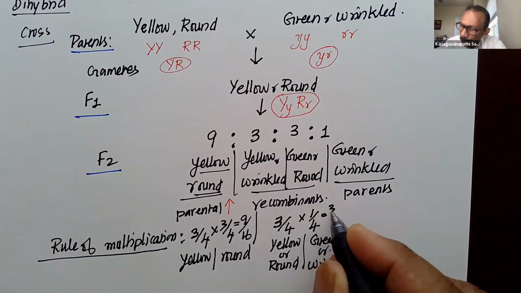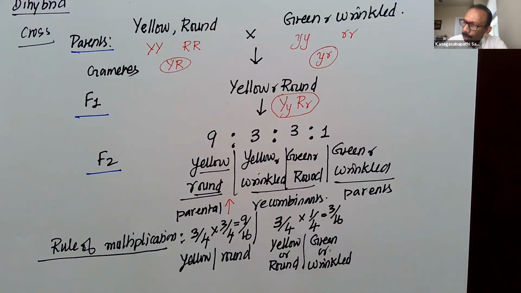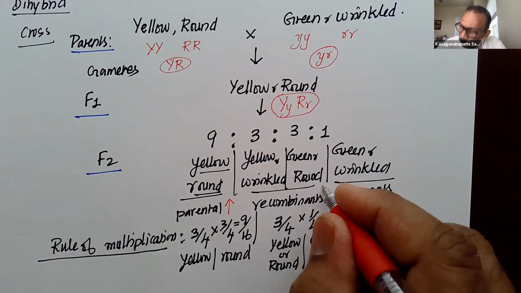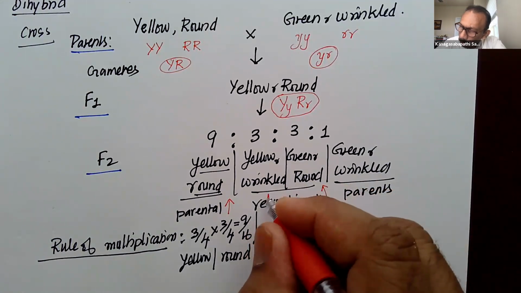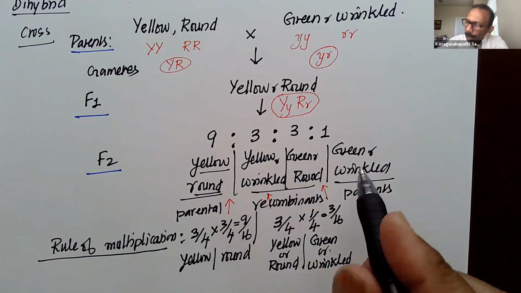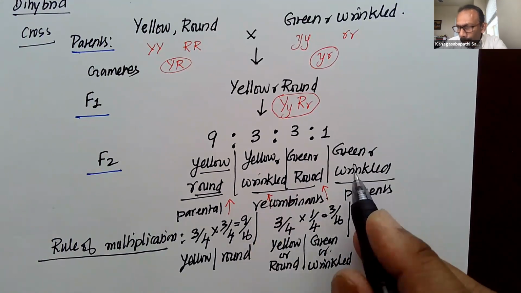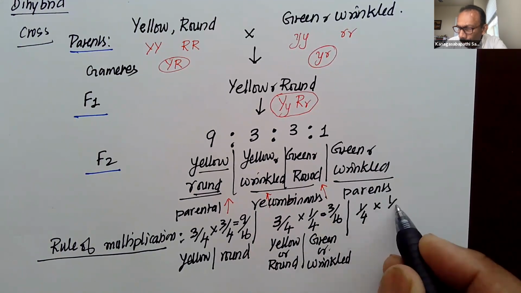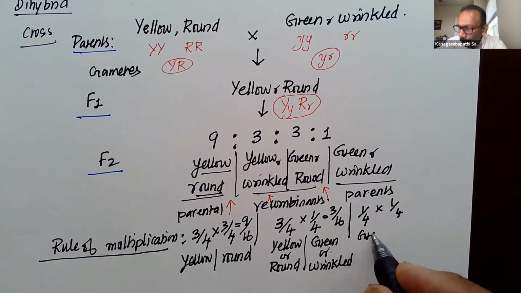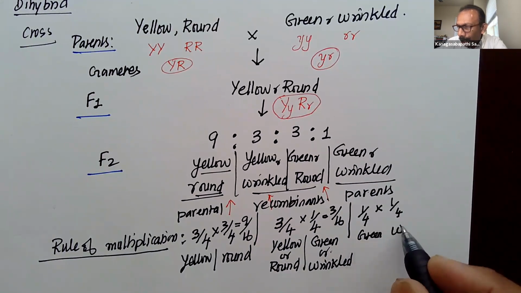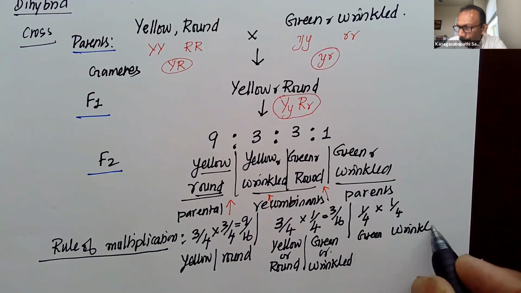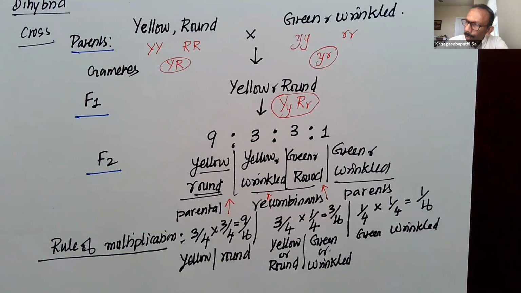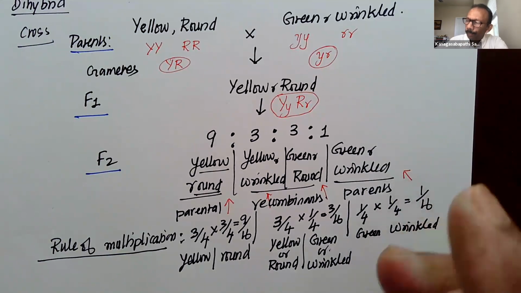That is 3 out of 16 in each case. Then the chance of getting a recessive is 1 out of 4 times 1 out of 4, since green color is recessive and wrinkled shape is recessive, and that is 1 out of 16. That is what this ratio is.